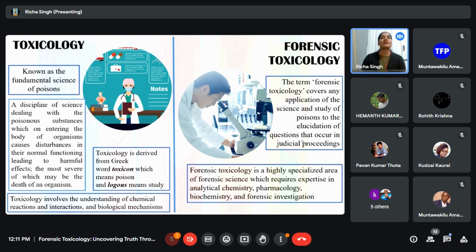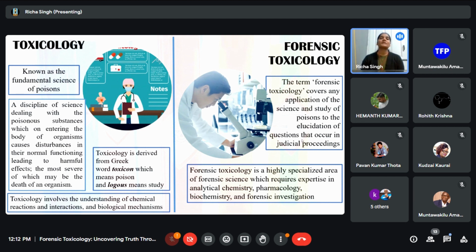So we can say forensic toxicology is a highly specialized area of forensic science which requires expertise in analytical chemistry, pharmacology, biochemistry, and forensic investigation. Forensic toxicology involves many subjects because without all of them coming into play, the poison analysis will not be successful and the toxicologist cannot come to any conclusion.